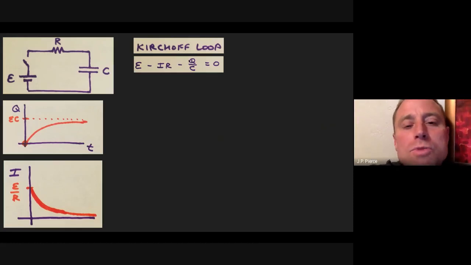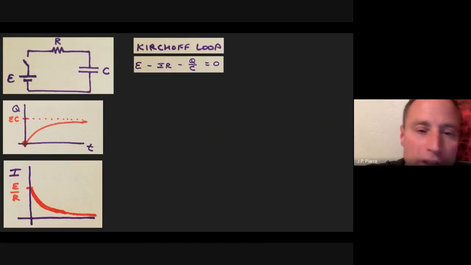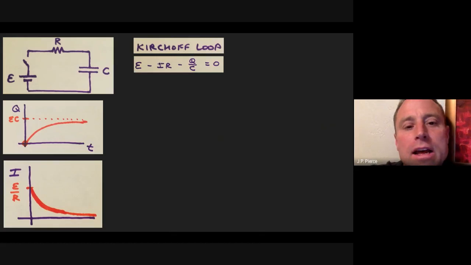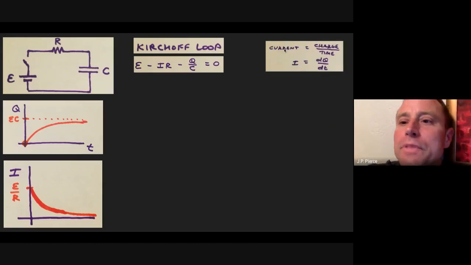And so since we have two varying quantities in this thing, it would be nice if these two things were related in another way besides this one equation. Well, it turns out they are. Current and charge are related in another way. Current is charge per time, or current is the rate of change of charge that's building up on the capacitor. So what we're going to do is make this substitution.